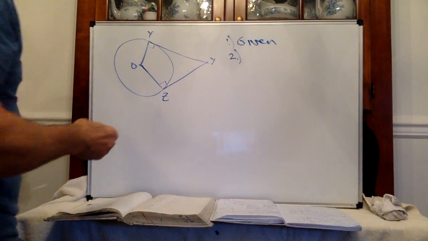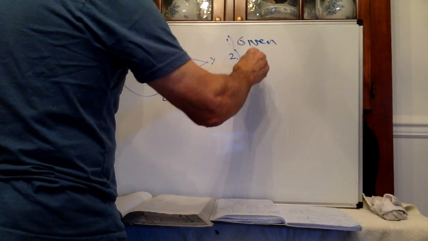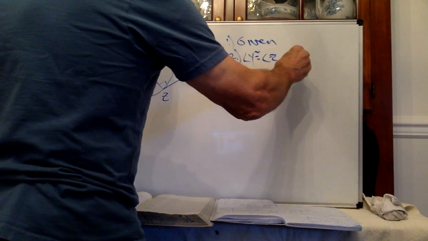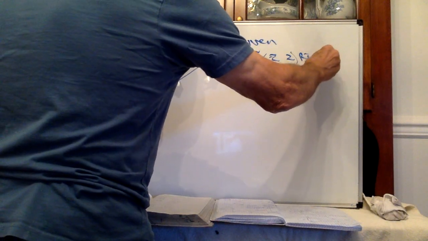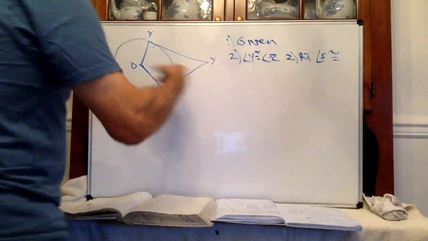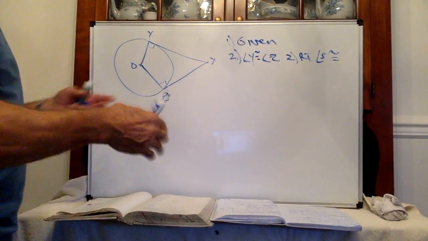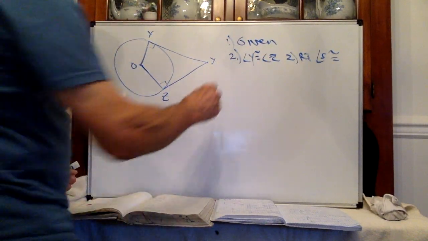One, given. Two, angle Y is congruent to angle Z, because right angles are congruent. I know they're right angles because they're perpendiculars, and anytime you have perpendiculars, you can automatically jump to this.